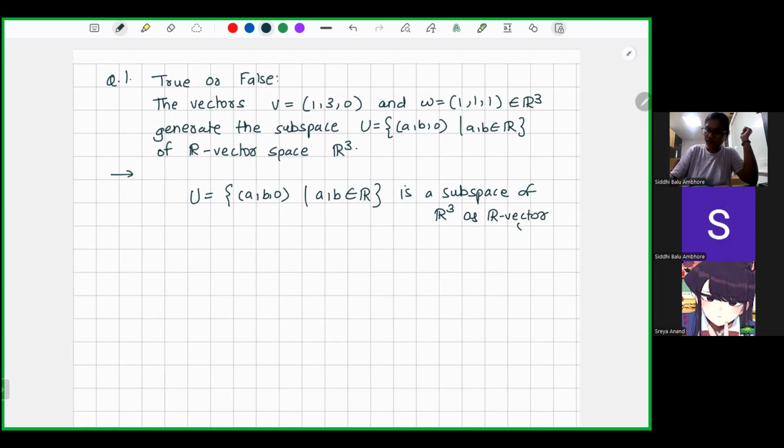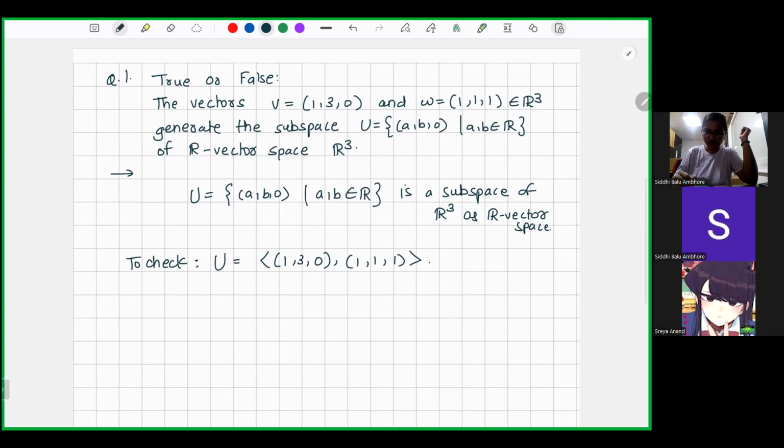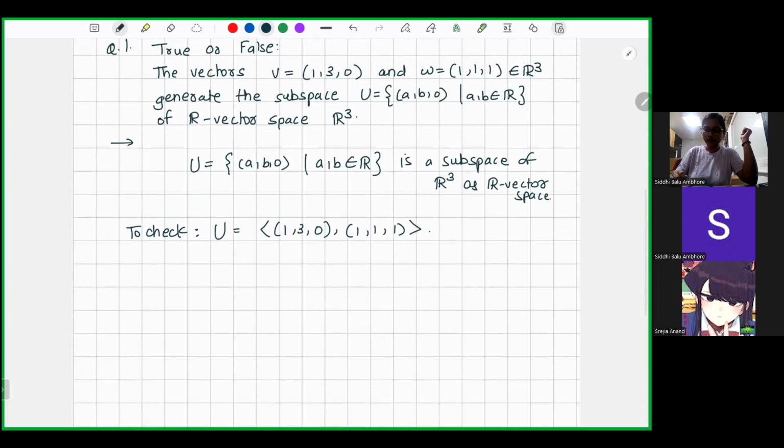And we need to check whether this U is generated by these, (1, 3, 0) and (1, 1, 1). I hope you know what this means.